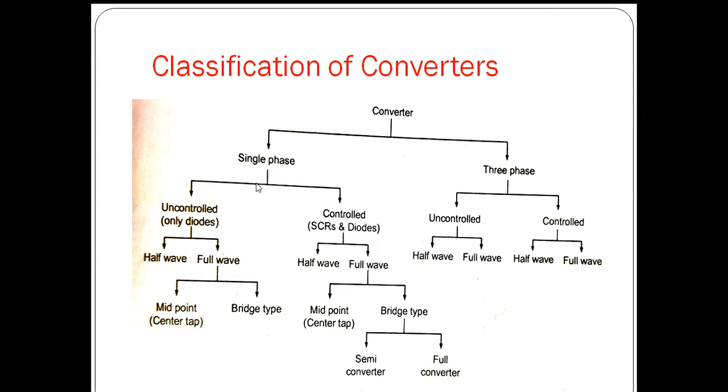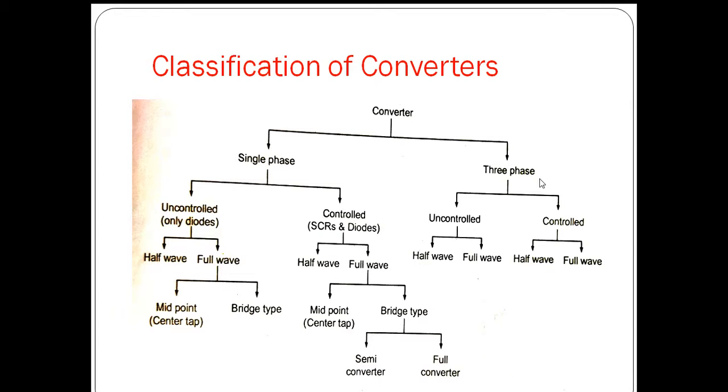Depending on the type of transformer and circuit configuration, full wave controlled converters are further divided into two more types: midpoint controlled converter and bridge type converter. We are going to see the operation of all these categories in detail in the next classes. The bridge type is further classified into semi converter and full converter.